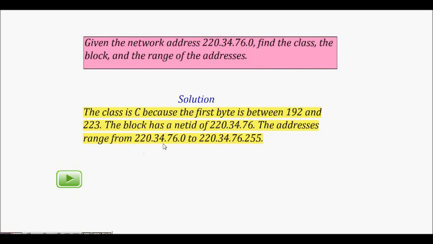You see the answer is also the same. Class C address 192.23, because 223, so this is a class C address. The block has this net ID, and the address varies here.